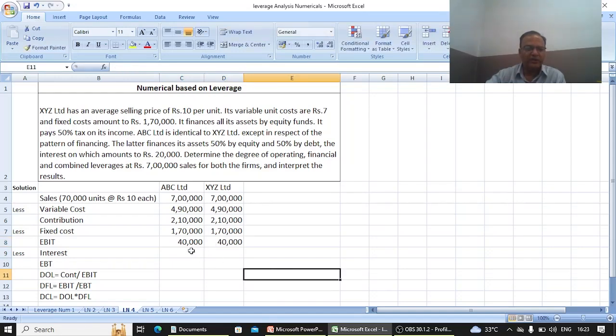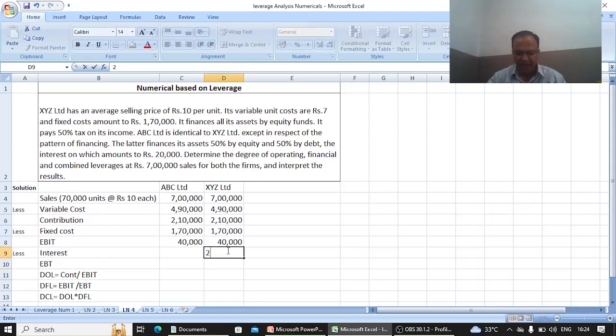Now, interest. Here it is given that ABC Limited is identical to XYZ Limited except in respect of pattern of financing. The former is ABC, the latter XYZ. It means XYZ finances its assets 50% by equity and 50% by debt. The interest on which is rupees 20,000.